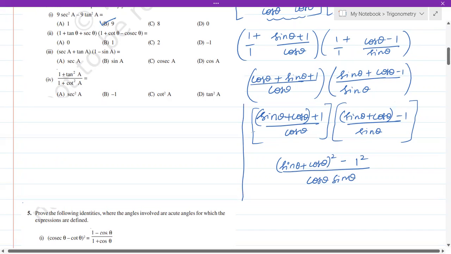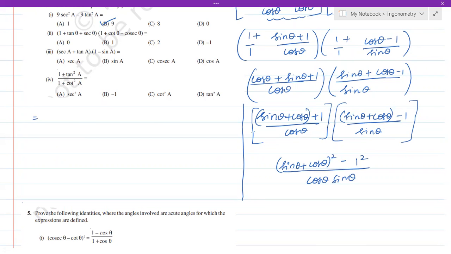Now let's simplify it. It will be better if I do it here. If you observe, it is sine theta plus cos theta the whole square, in the form of a plus b the whole square. So let's use that. A square is sine theta the whole square, and b is cos theta, so b square.